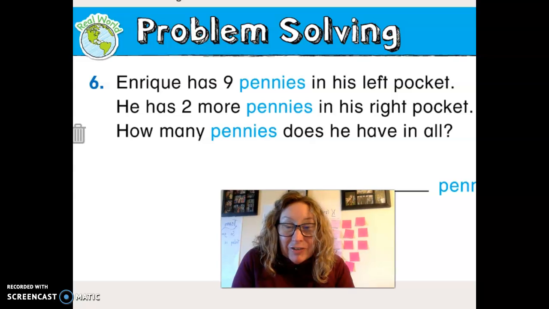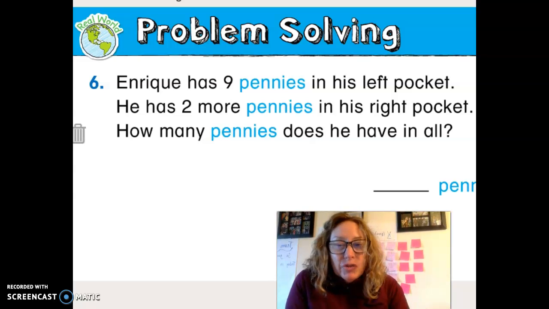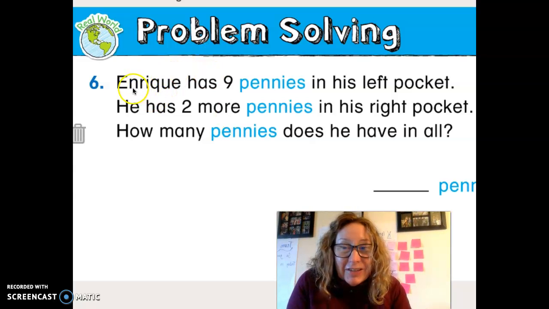All right, mathematicians, let's take a look at some problem solving here and how we can use pennies or counters to add on. It says Enrique has 9 pennies in his left pocket, he has 2 more pennies in his right pocket. How many pennies does he have in all? So if he has 9, right now I'm just going to draw 9.